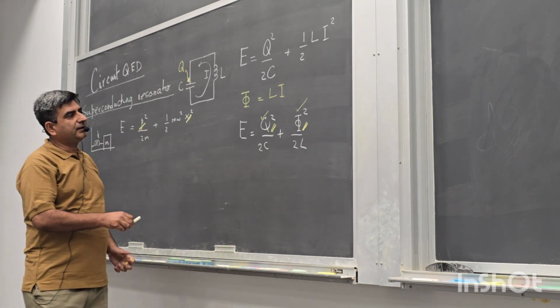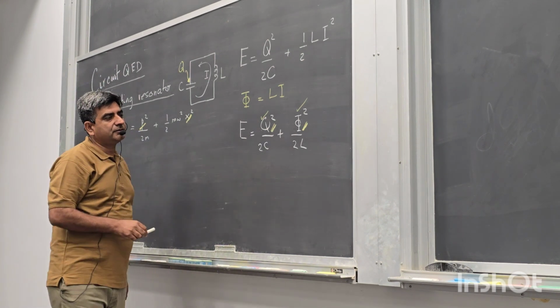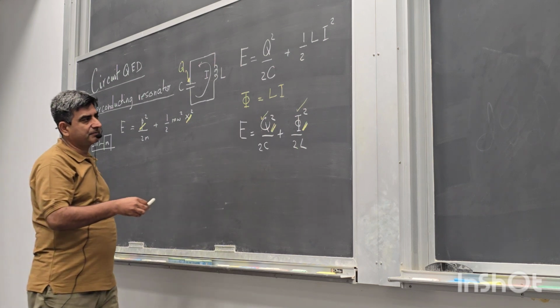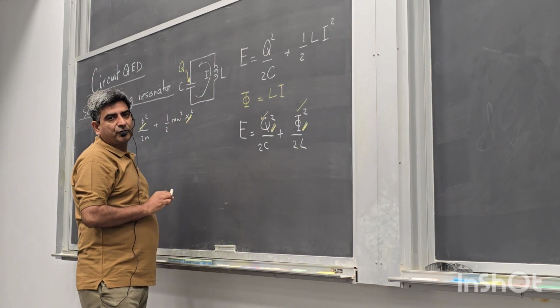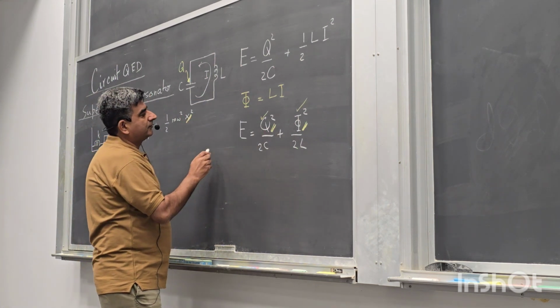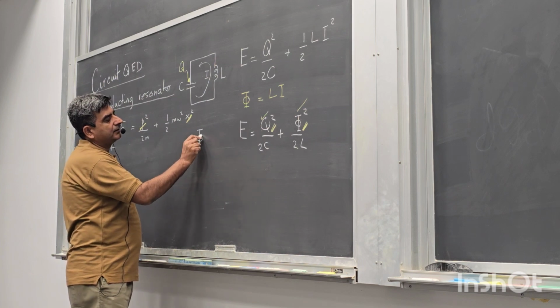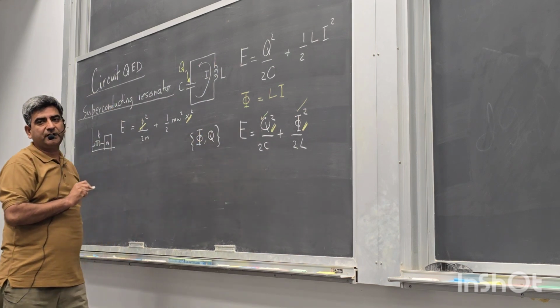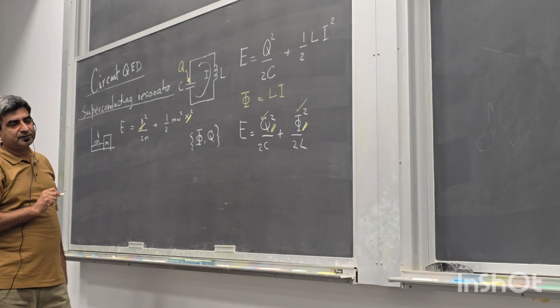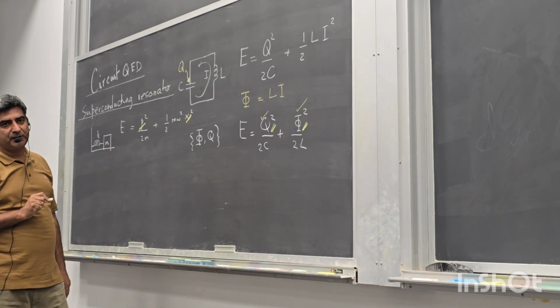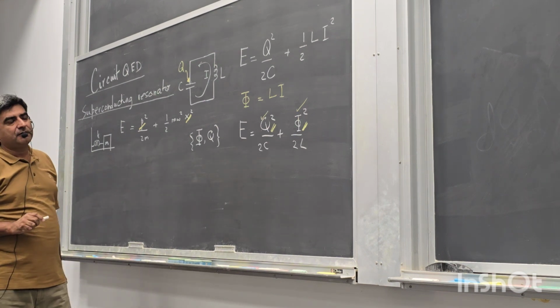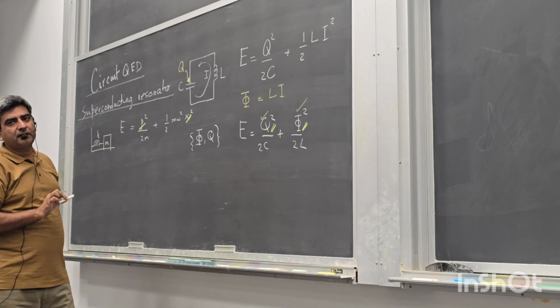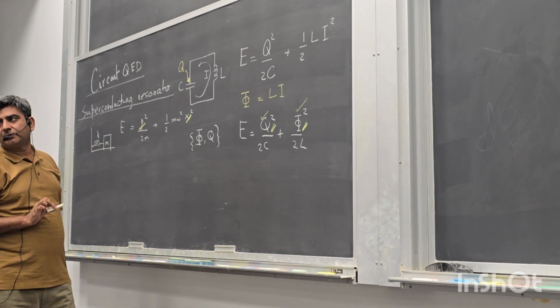So in the quantum mechanical sense, if this were transformed to a quantum mechanical system, this becomes a harmonic oscillator with phi and q becoming the conjugate variables with some commutation relationship between operators for which q and phi are the eigenvalues.